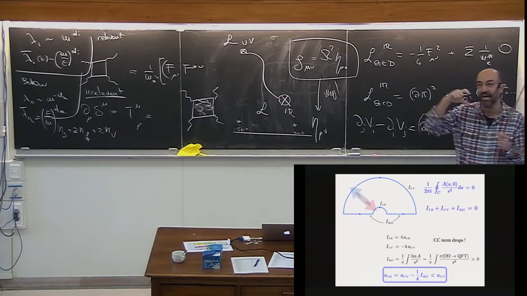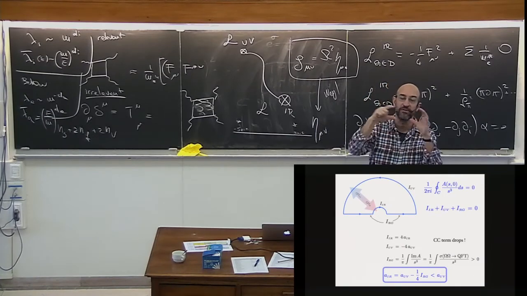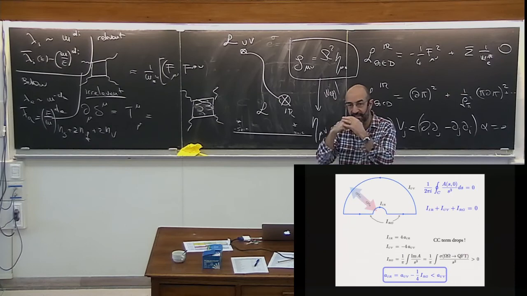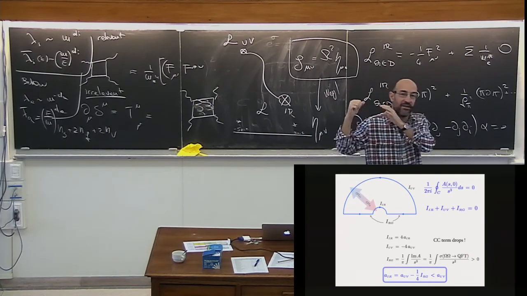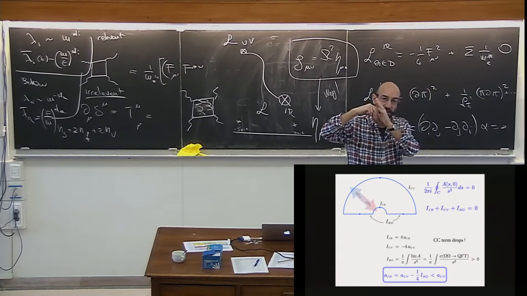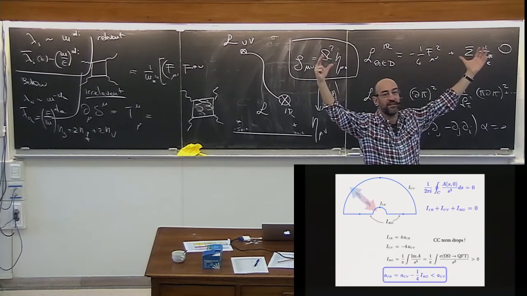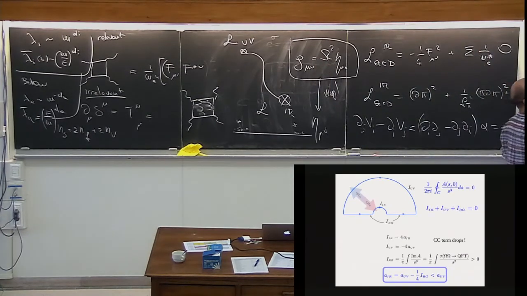Imagine the small half circle is sufficiently small in S to be contained in the domain of validity of the low energy effective theory. In fact, I can take this small circle as small as I want. I can even shrink it to almost 0. The small circle shrinking to 0 means that we are looking at the amplitude in the IR. The big circle going to infinity means that the amplitude here is the amplitude in the UV.